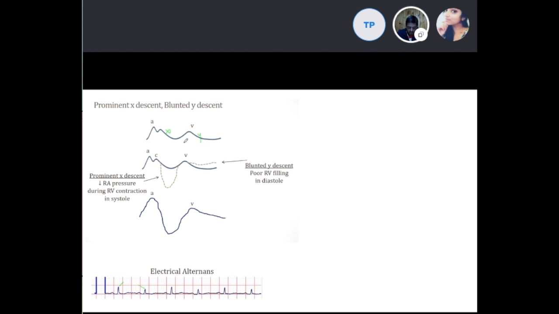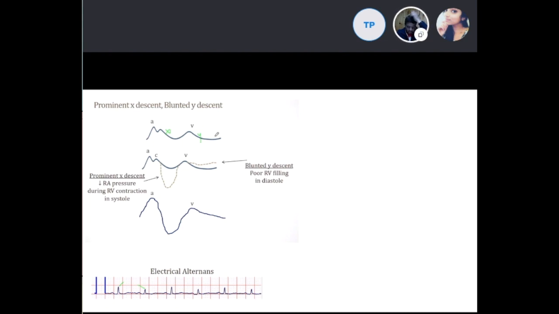What happens in the X phase is there's a fall in the pressure after the A wave, and that's after relaxation of the right atrium. So the right atrium is relaxing, and that's why you see this fall down. And in the Y, normally there's a fall in pressure after the V wave because of the filling of the right ventricle from the right atrium. So that's normally what is happening.